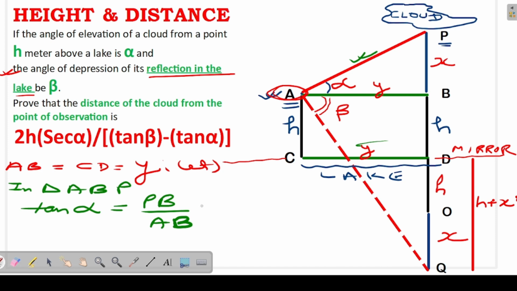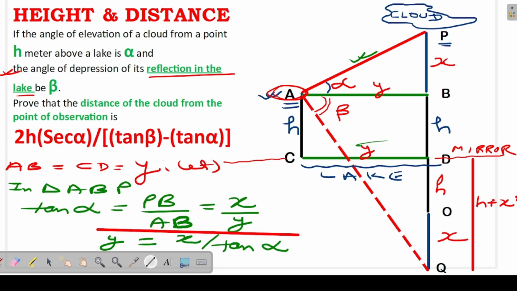Now what is the length of PB? We have assumed it as x, right? And AB as y. So from this we can write y as x by tan alpha, right? This is one of the equations we have arrived at, y equal to x by tan alpha.